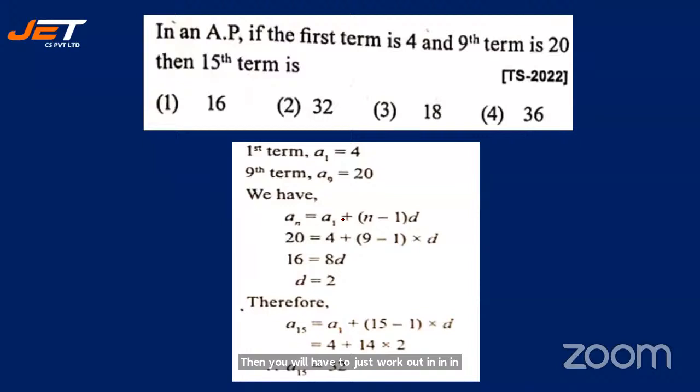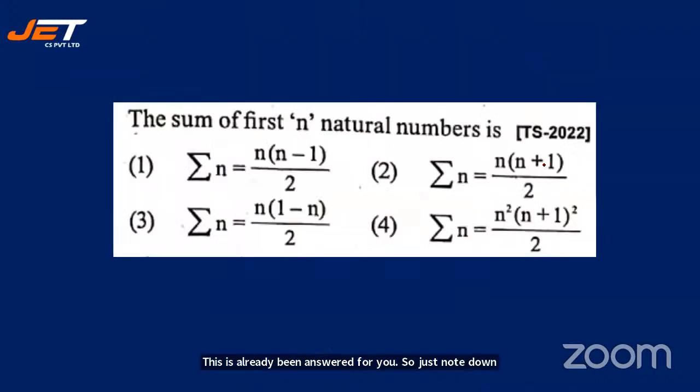With this, you will get your d common difference is 2. So now what is it they want? They want us a15. So you have a, you have n as 15, you have d as 2. Find out the value of a15, which is nothing but 32. All right, the sum has already been answered for you. So just note down, okay, we do have a sum like this. All right, with this, we are moving on to the next question.